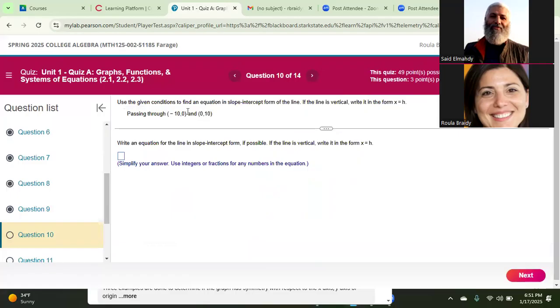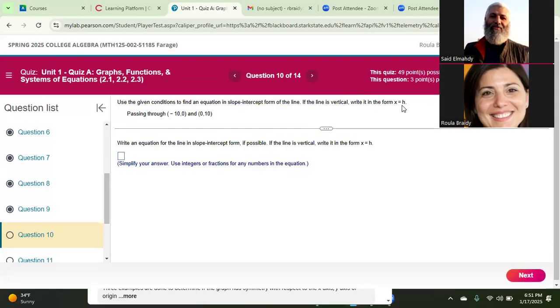All right. Use the given coordinates to find an equation in slope-intercept form of the line. If the line is vertical, write it in the form x = h. This is passing through (-10, 0) and (0, 10).